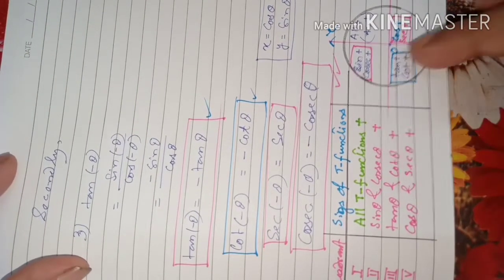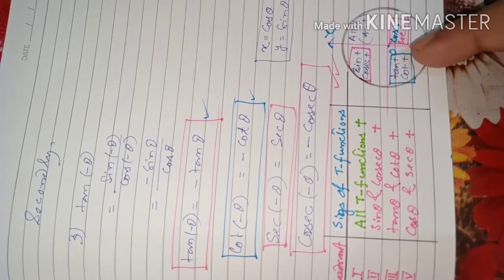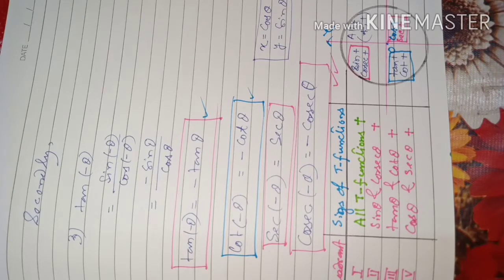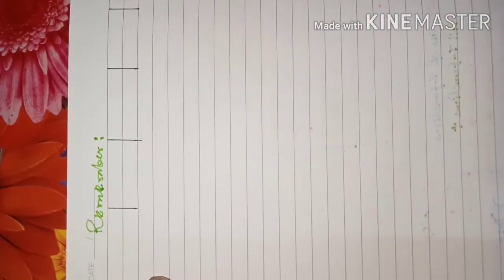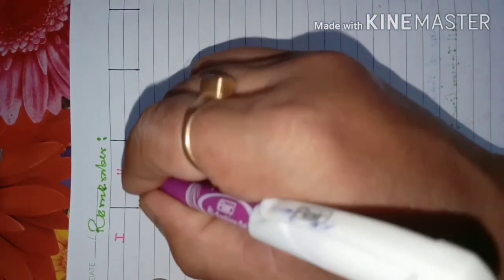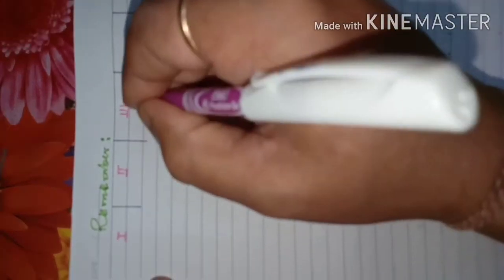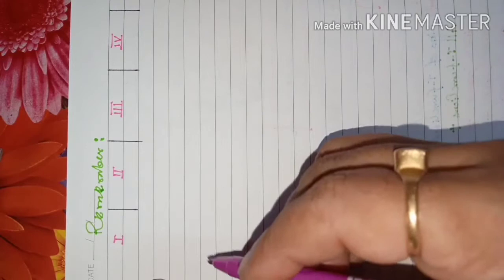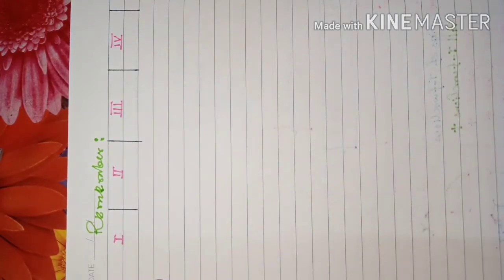So remember this way, and you should know practically how it is, and automatically you will be able to form this table. So remember, dear students, in the first quadrant, second quadrant, third quadrant, and in the fourth quadrant, which are the ratios that are positive, I am going to mention it here.